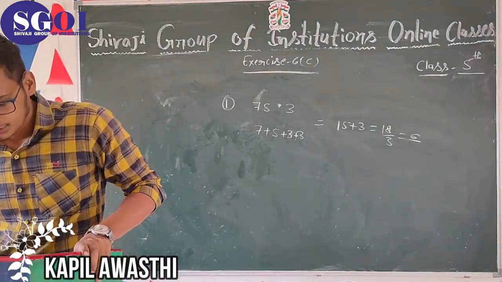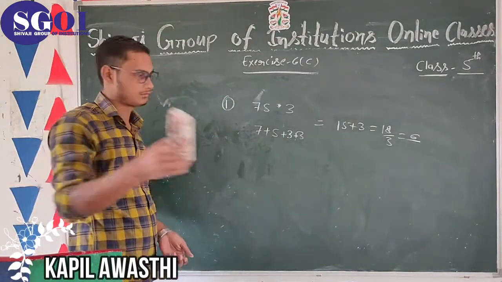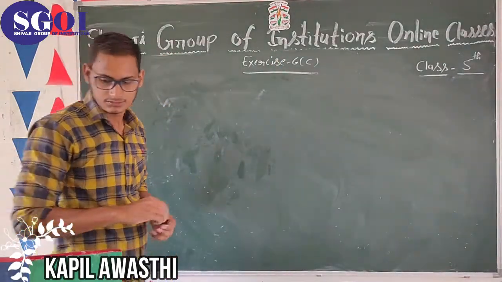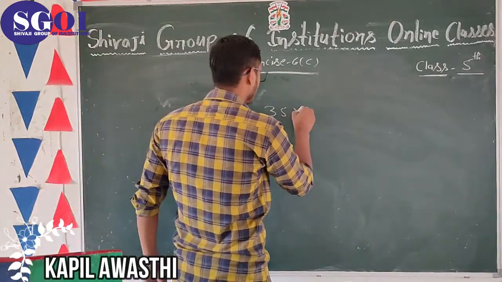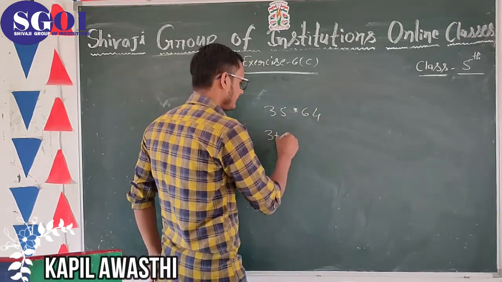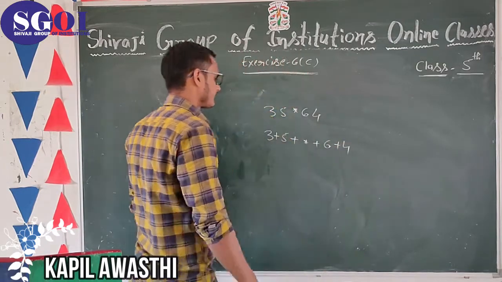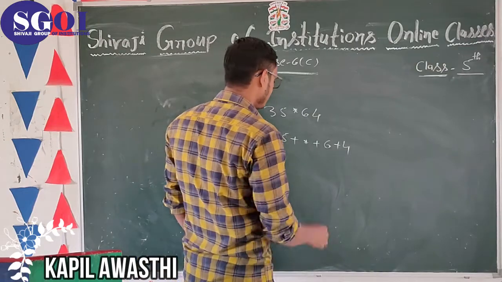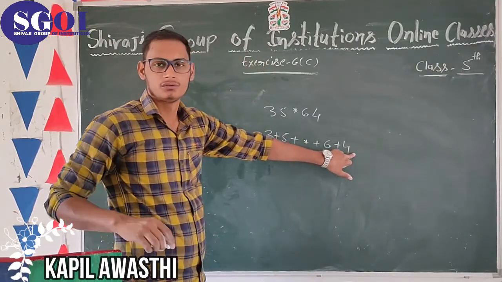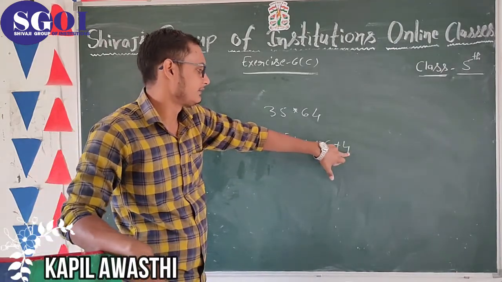Next, 3 5 star 6 4. 3 plus 5 plus 6 plus 4. 5 plus 3 is 8, 8 plus 6 is 14, 14 plus 4 is 18.